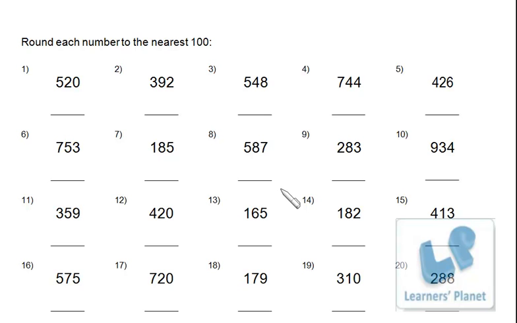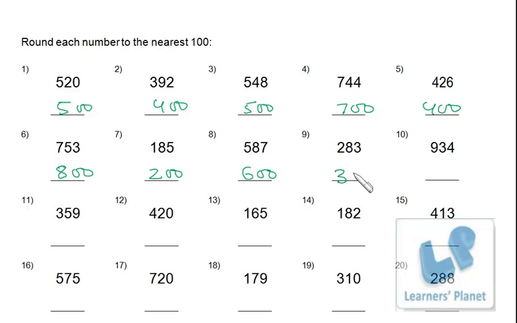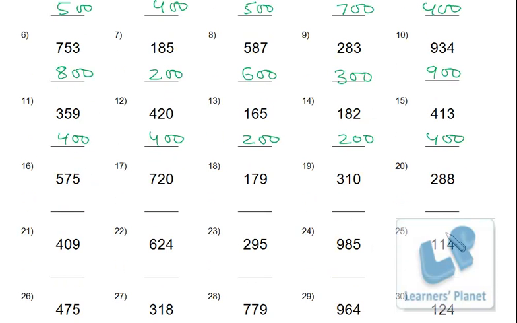Done. Now I'm writing down the answers. Just match with me. It's 500, 400, 500, 700, 400, 800, 200, 600, 300, 900, 400, 400, 200, 200, 400.